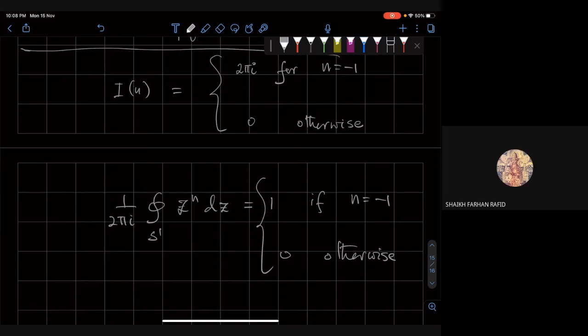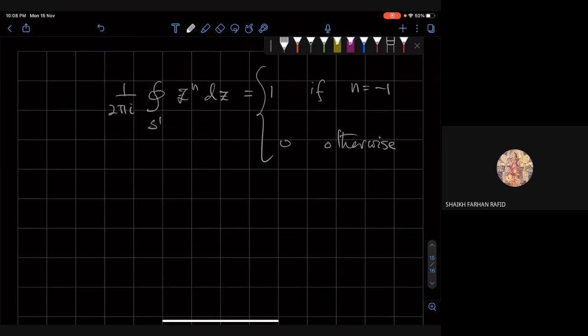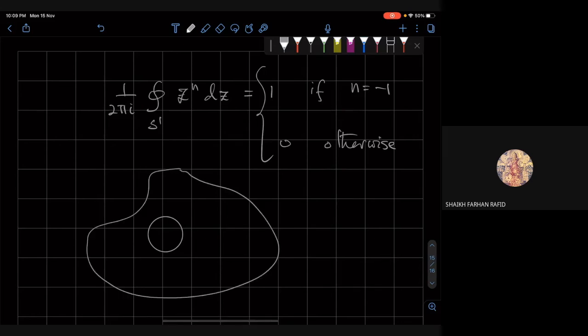Sir, is S1 a closed loop or a circle? It's a circle, but it actually can be a closed loop too. Why is it a closed loop? So suppose that you're doing the integral over a circle here, right? And you want to deform this integral over a closed loop like this.